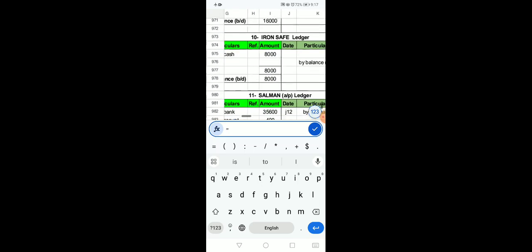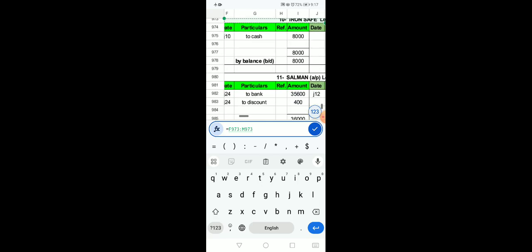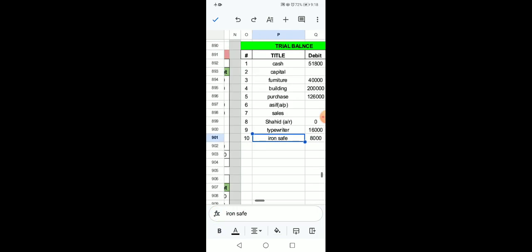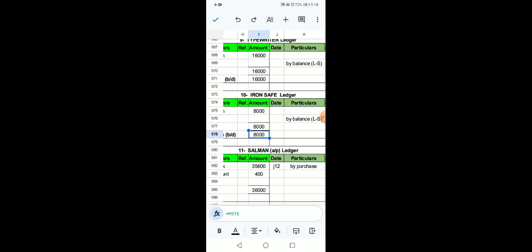This is iron safe and the balance brought down is on the debit side. So in the trial balance you will choose the debit side and write 8,000 in front of iron safe. Now you can see debit side 8,000 in front of iron safe. Let me check again. Iron safe was 10,000. So here iron safe and 8,000 you have written. All right, the amount is written correctly on the debit side. Iron safe 8,000. Ledger number 10 is completed.